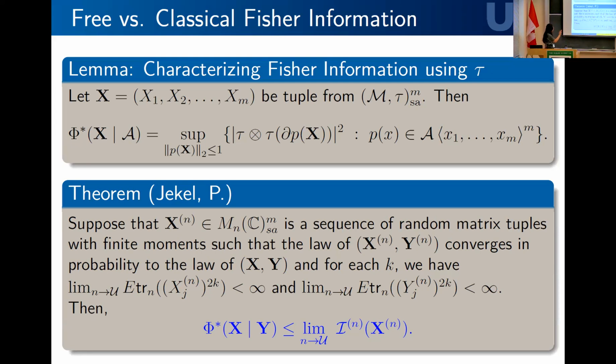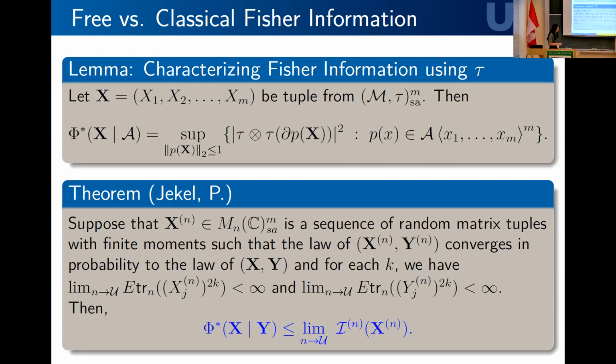So once I assume these things, I can upgrade my convergence in probability to actual convergence, and then when I look at this expression in the matrix algebras, if I have trace n tensor trace n, and then partial p of some xn's, I actually get almost sure convergence in the ultralimit to this quantity in the von Neumann algebra.